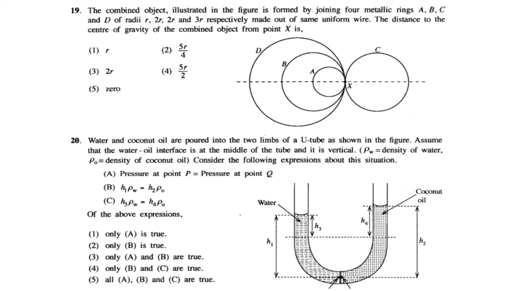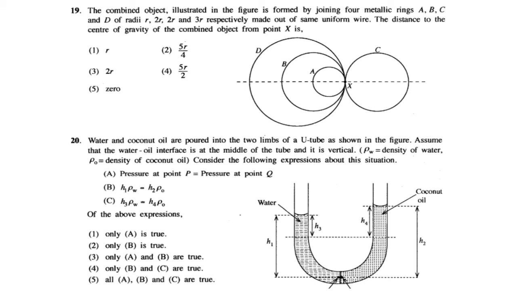So the center of gravity of the combined B and C is at X. So the weight of B and C, that is 4 mg, acts at X. It is not necessary to take 2 mg of each B and C separately. So instead of taking 2 mg two times, we can consider 4 mg acting at X.